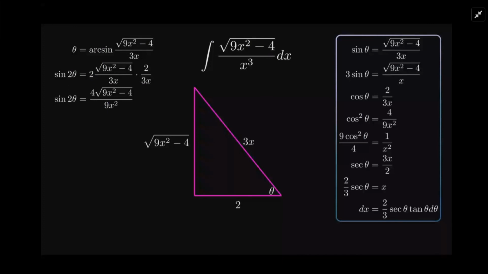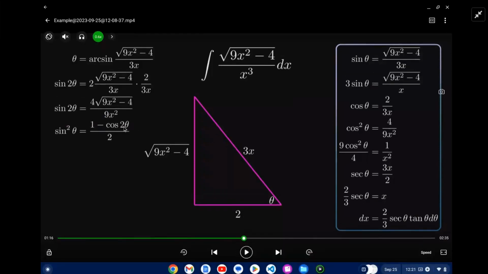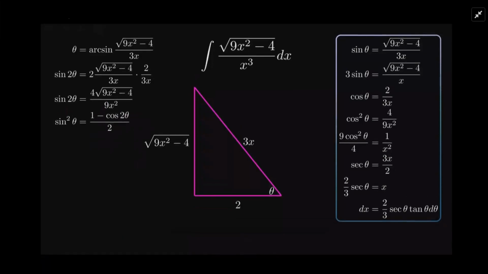And then one more identity that we're going to use, for sine squared theta. This comes from the cosine double angle. So you might want to pause here and verify that you can see where that comes from. We're going to substitute this because this right side is easier to integrate. We're ready to go now. We've got all our pieces.